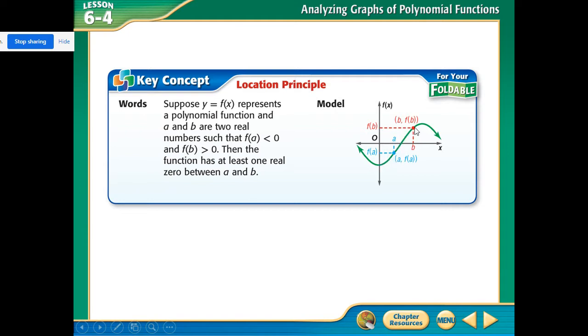So as this graph goes from a negative to a positive, we will have to cross zero. That's what the location principle says. So we're going to be worried about trying to find zeros. This will help us find the zero, because if I know that this point is negative and this one's positive, there's got to be a zero in there somewhere. Likewise, if we have a positive going to a negative, there would be a zero somewhere in that value also. That should make some sense.